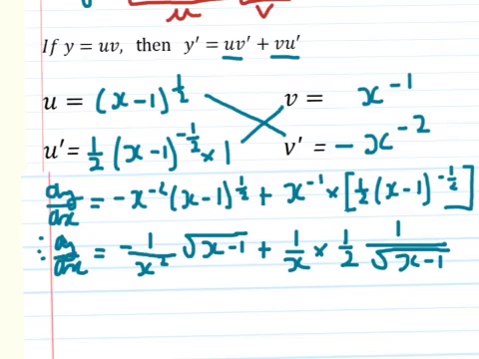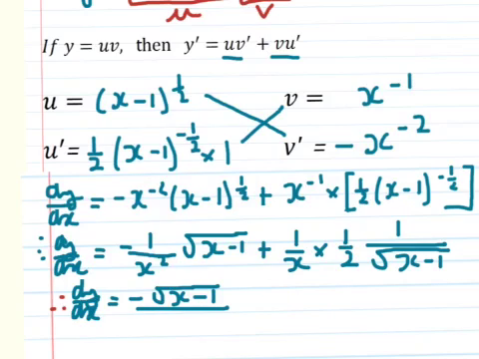Our final line would look like this. dy dx equals. Okay, so what we can do is bring this to be over the x squared. So negative x minus 1. So you always aim to be concise in mathematics.